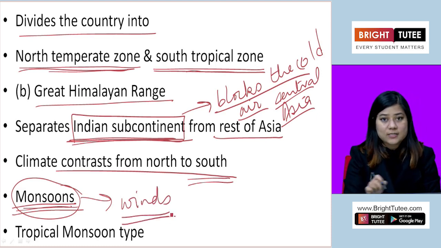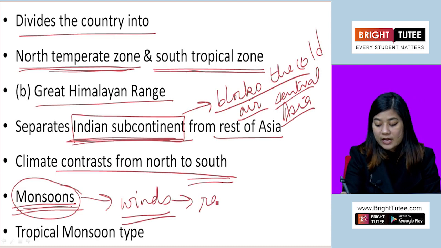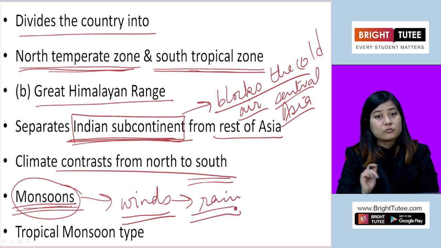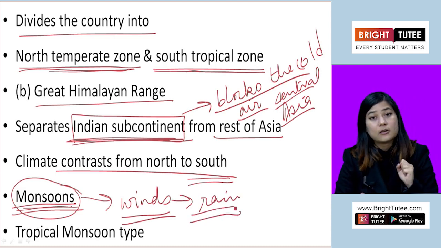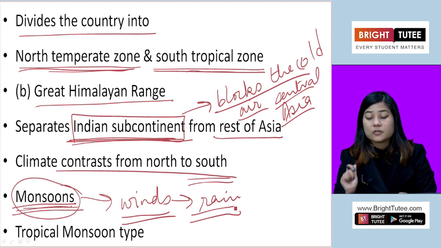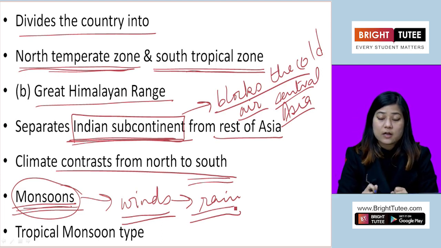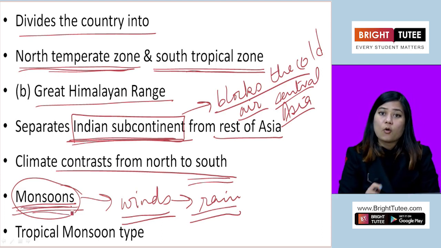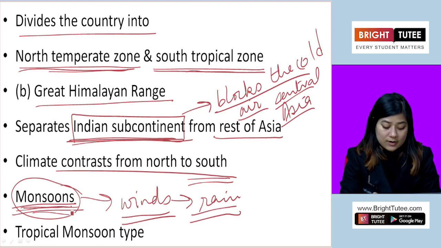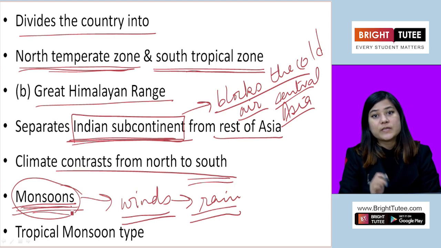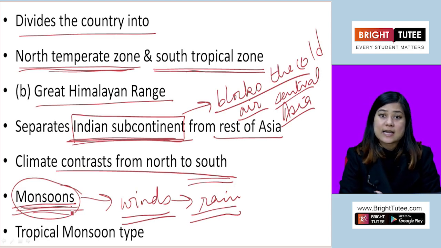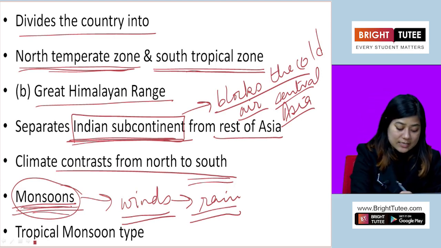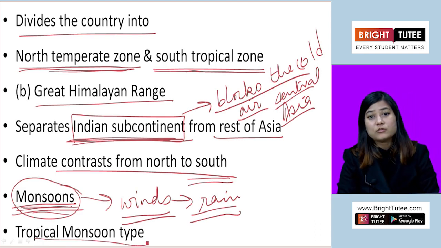Monsoons are winds which bring rain. So no matter whether it is the temperate zone or the tropical zone of India, both these zones receive rainfall, or receive the monsoons. That is why we can say that India's climate is called tropical monsoon type.